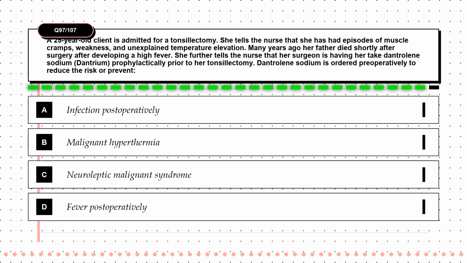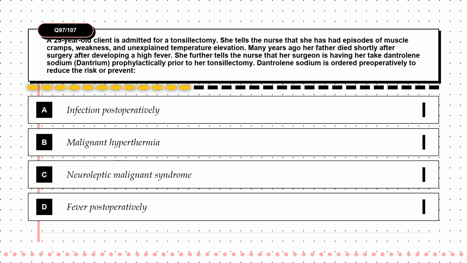Question 97. A 25-year-old client is admitted for a tonsillectomy. She tells the nurse that she has had episodes of muscle cramps, weakness, and unexplained temperature elevation. Many years ago, her father died shortly after surgery after developing a high fever. She further tells the nurse that her surgeon is having her take dantrolene sodium (Dantrium) prophylactically prior to her tonsillectomy.